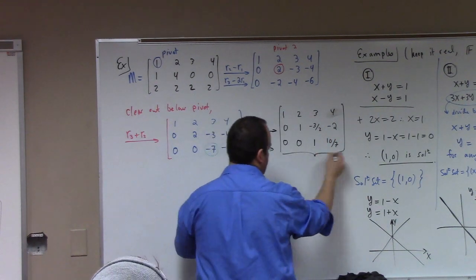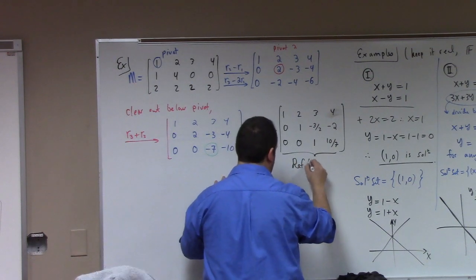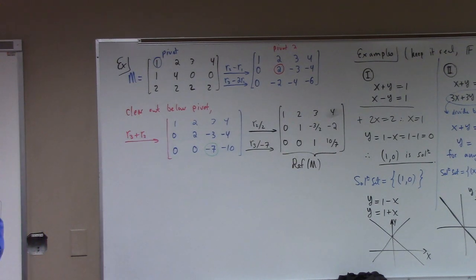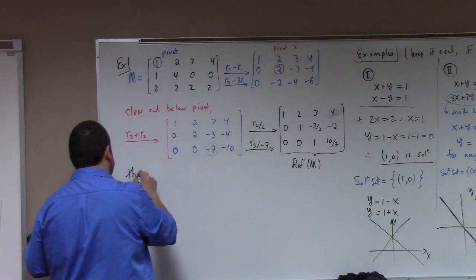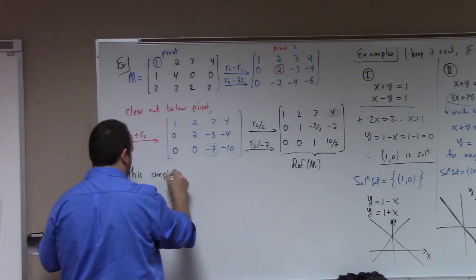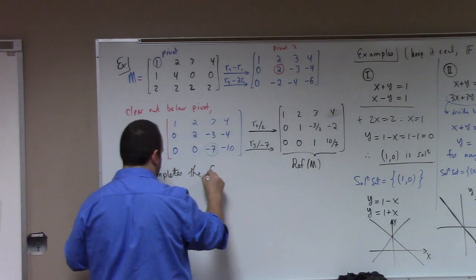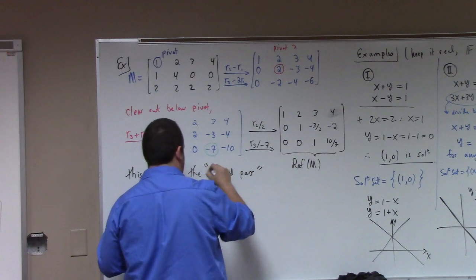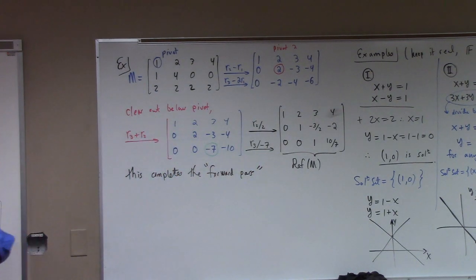And so this is what your calculator might give you as the REF, the row echelon form, not reduced. This is not unique. Depending on the order of things that you did, you could end up with different things here. So far, what I've done so far is the so-called forward pass. This completes the forward pass. So forward pass, we identify pivots and we sweep out below them.